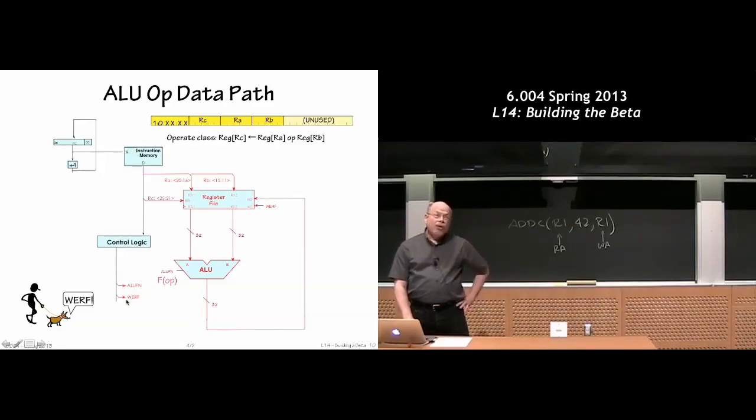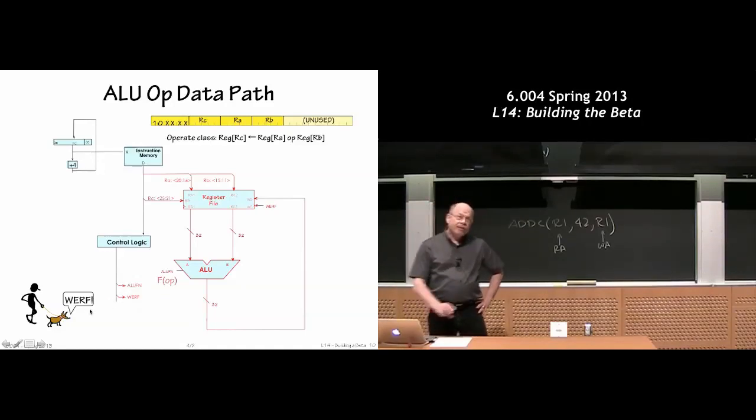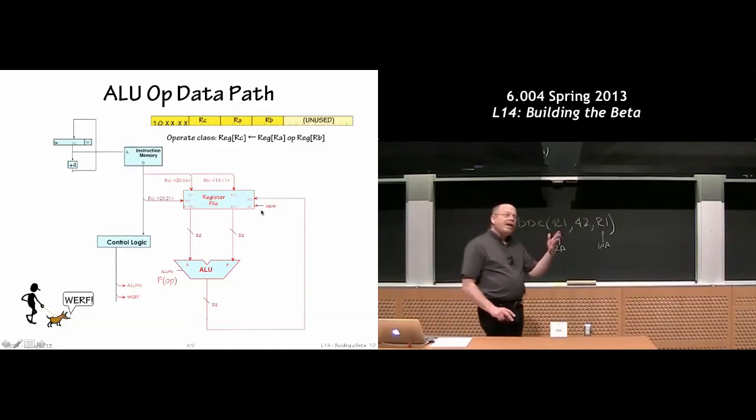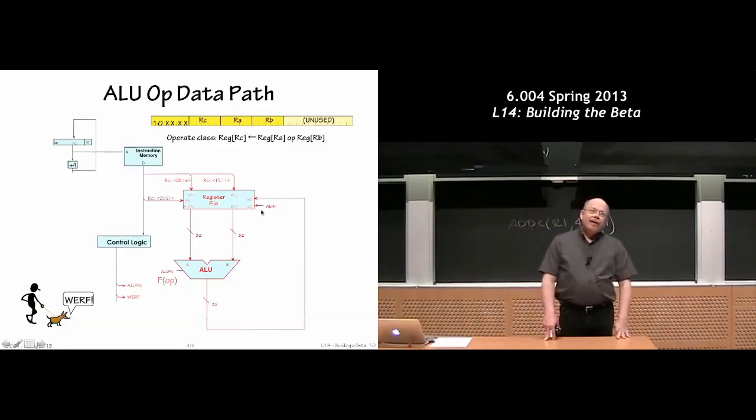the 6th bit out of the control ROM is a signal called WRF. You can see the dog here, WRF, WRF. You'll never forget WRF once you imagine the little dog barking away. WRF is actually write enable register file. One of the funniest things to do is to get a bunch of engineers in a room who've looked at a schematic, and they've all anglicized the names of the signals in the schematic.